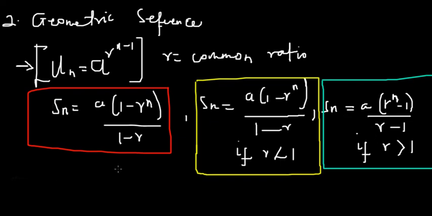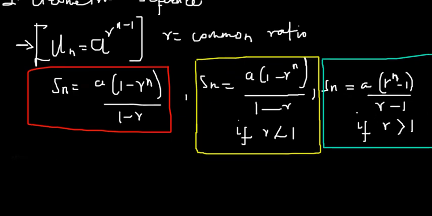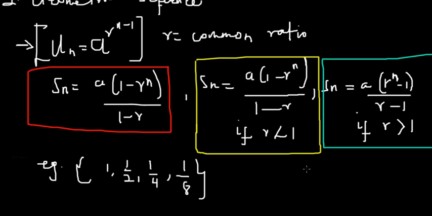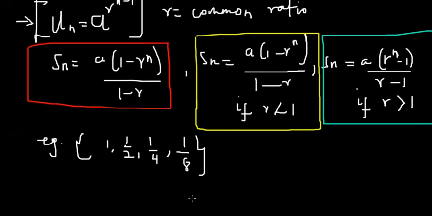So let's solve a simple question so that you get to appreciate what I'm trying to say. Let's say you've been given a sequence: 1/2, 1/4, and 1/8. And you are told to find the summation of this sequence.